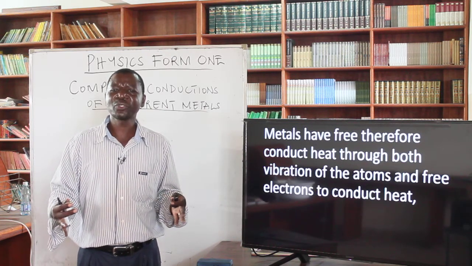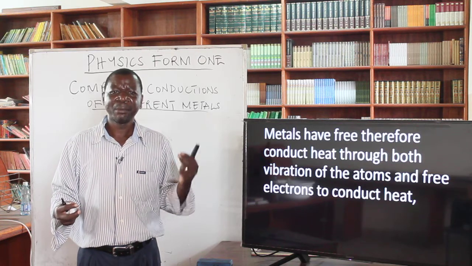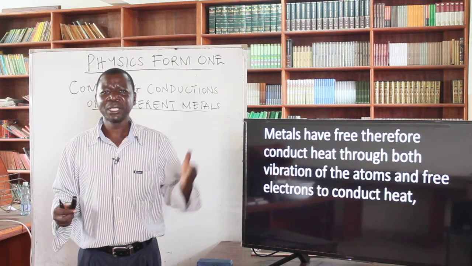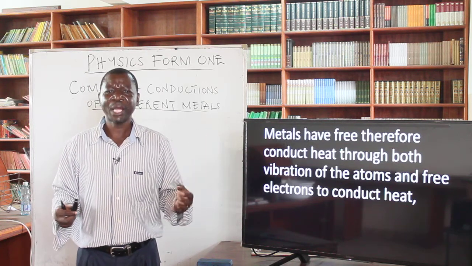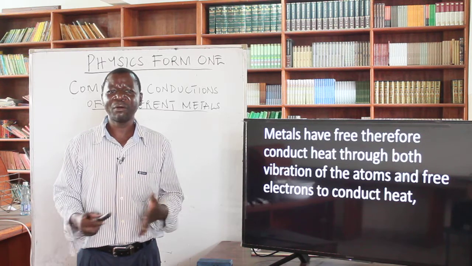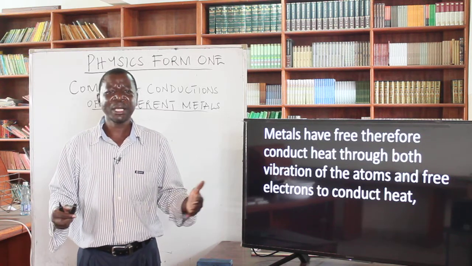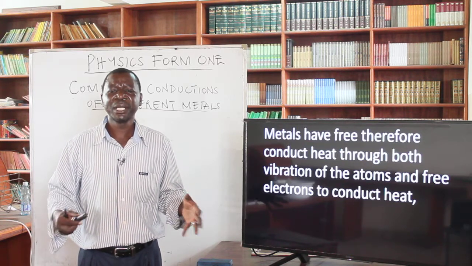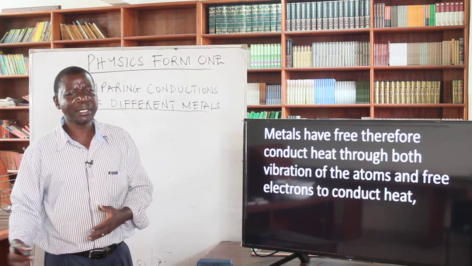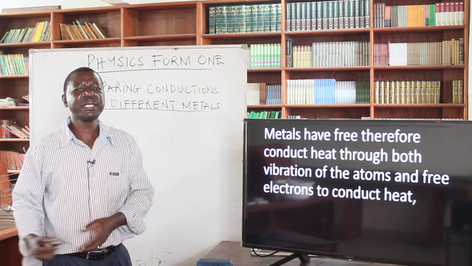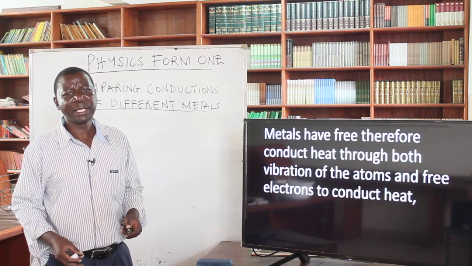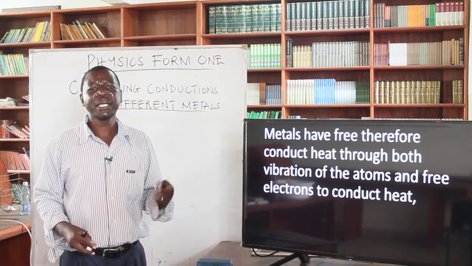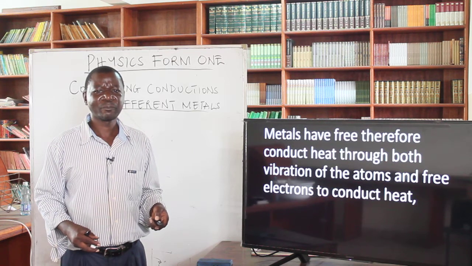So metals conduct heat in two ways: by free electrons carrying the heat from the heated end to the other unheated end, and also by vibration of the atoms. From the heated end, the atoms vibrate very fast and then collide with neighboring atoms and transfer the heat that way. However, the fastest way of transferring heat is by the free electrons.